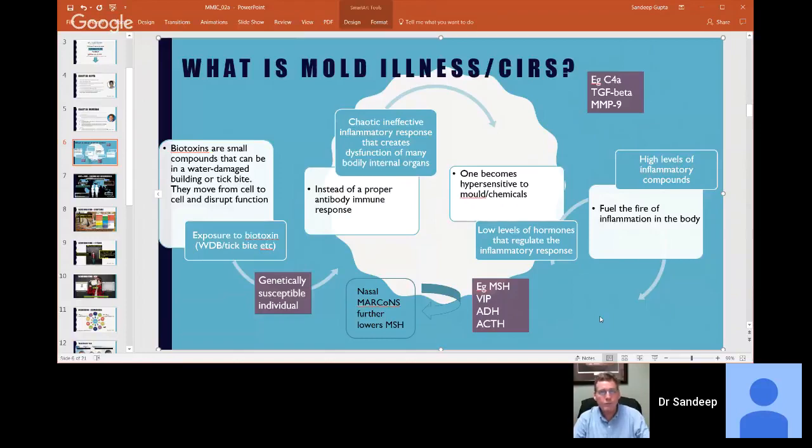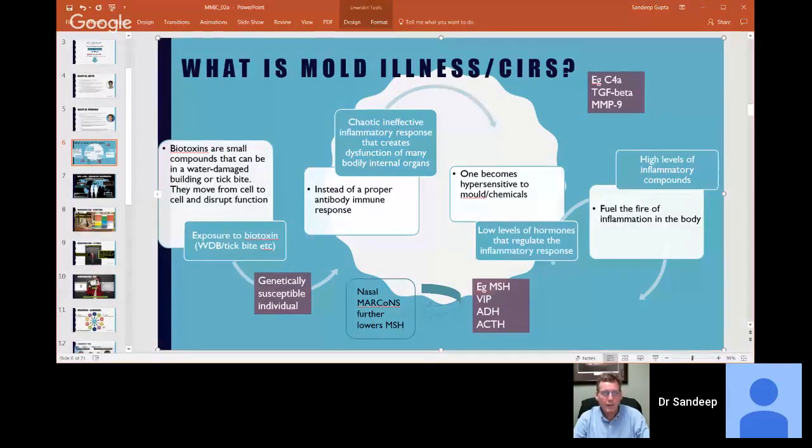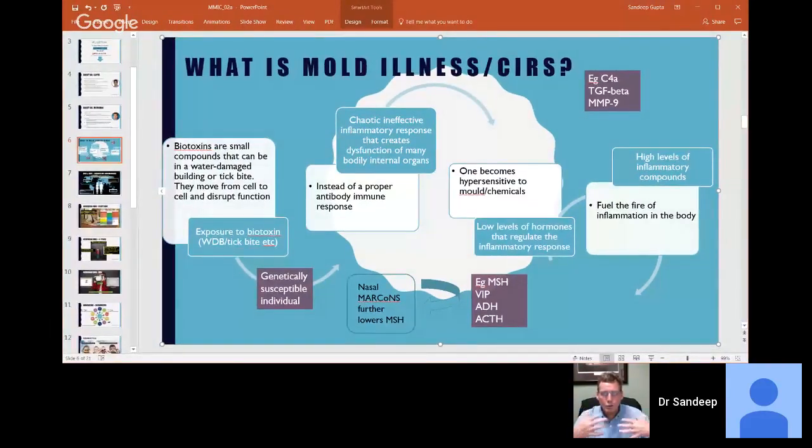And the other thing that I would say is where you were talking about chaotic, ineffective inflammatory response up at the top toward the center, that as the person gets exposed over and over again, whether that's Lyme that's still inside them or they're living or working in a water-damaged building, as they continue to inhale mold toxins or bacterial endotoxins or inflammagens like beta-glucans and mannins and whatnot, those things are actually triggering their own immune response.